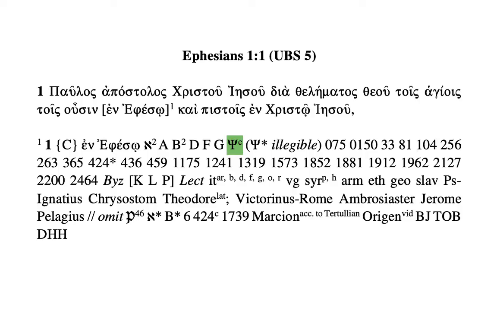You can get a Latin letter like A, B, D for a majuscule, but also a Greek letter like psi. And also you can get a number like 075 representing a majuscule. There are a variety of ways that this one group of manuscripts can be represented.